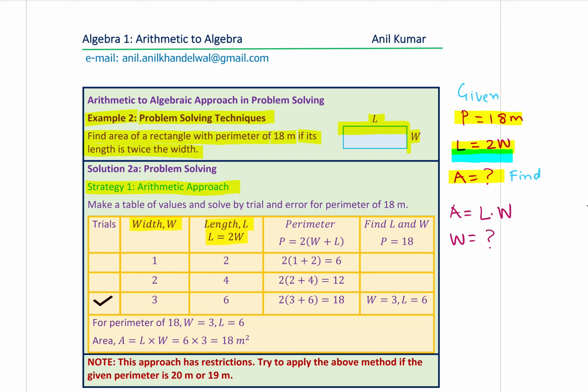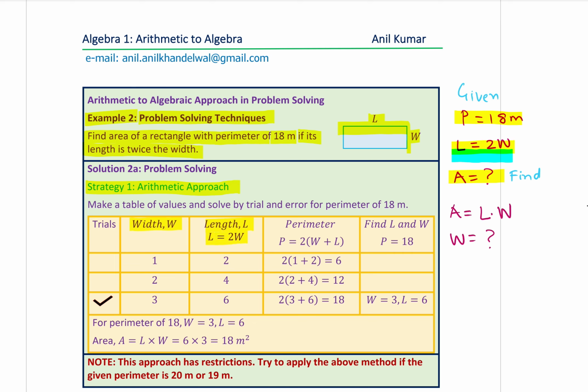So the third column in this case should be perimeter. So we'll make three columns. And what do we need to find out? Keep that in mind. We need to find out that the perimeter should be 18. So we need a combination of length and width which could give us perimeter of 18. So that is our first step.